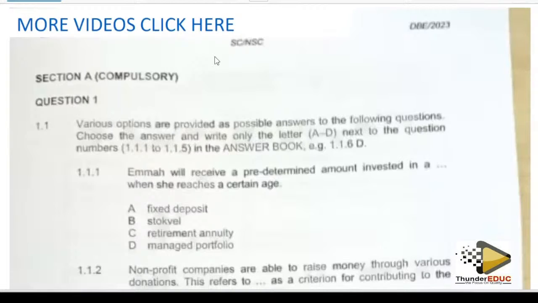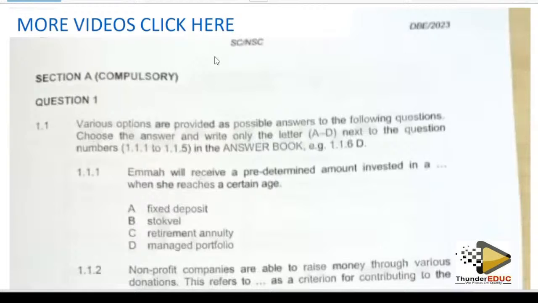But now, when it comes to retirement annuity, it addresses the issue of certain age, and also it addresses the issue of predetermined. And then last, we have managed portfolio. Managed portfolio, as you know, is when one person is managing different sets of investments. So now also it has nothing to do with age. So now in this regard, our appropriate answer is going to be C.